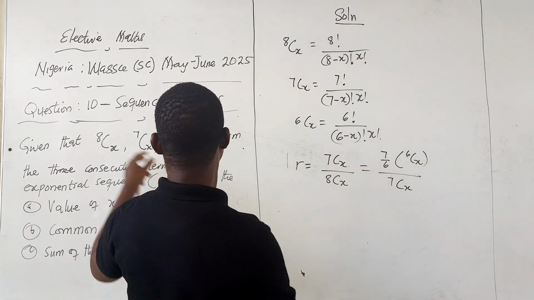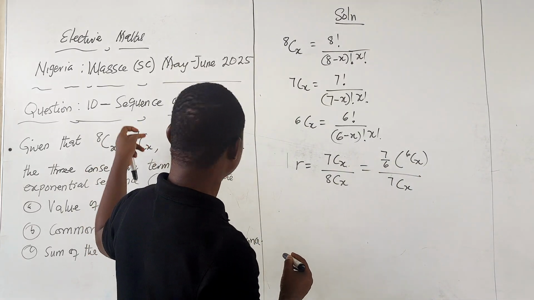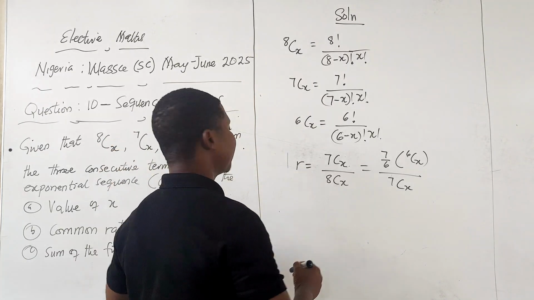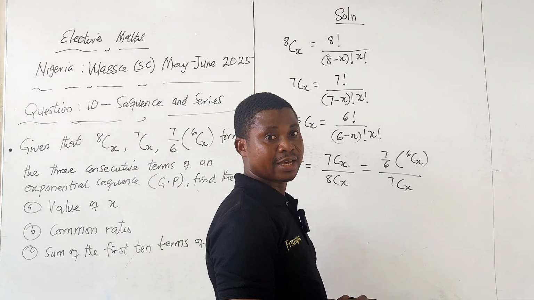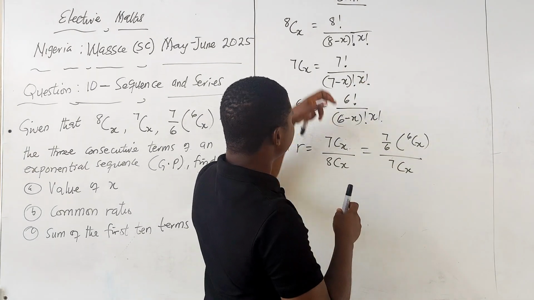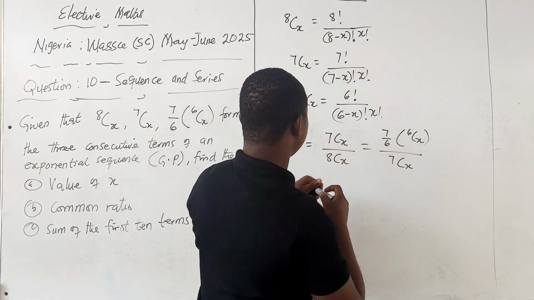So this being the first, second, and third term, the second term over the first term should be the same as the third term over the second term.